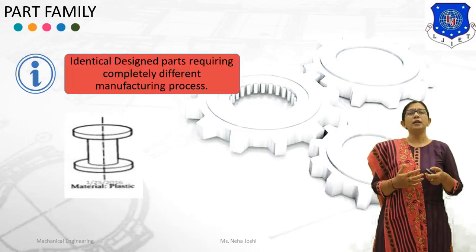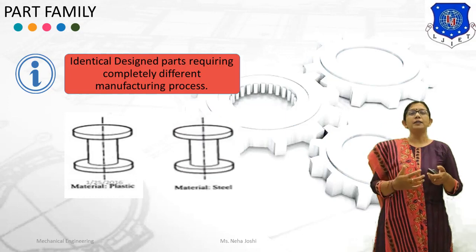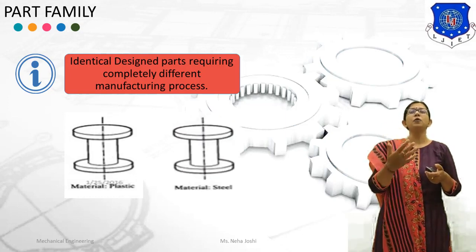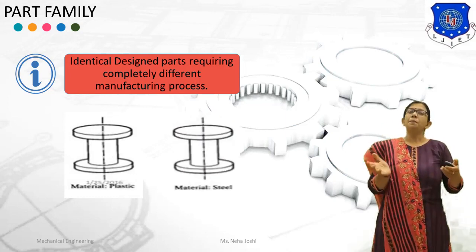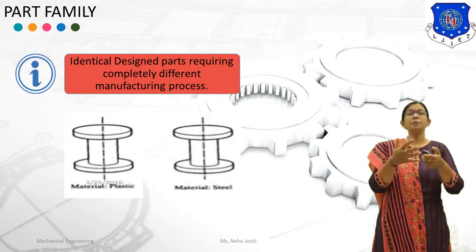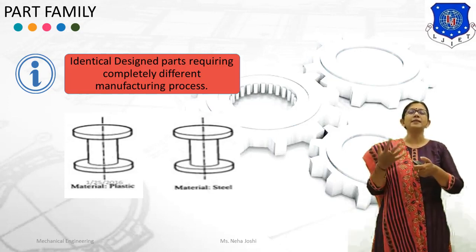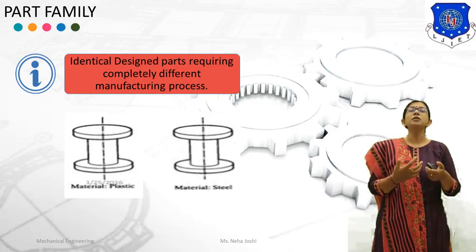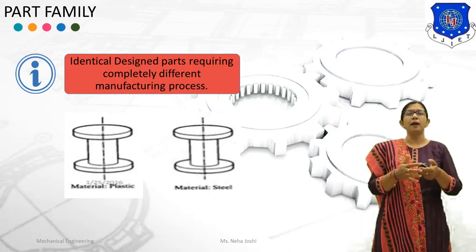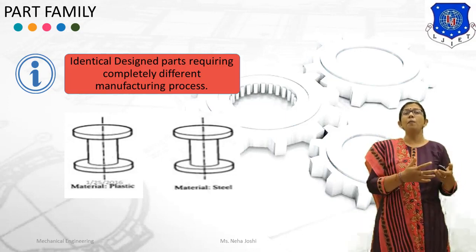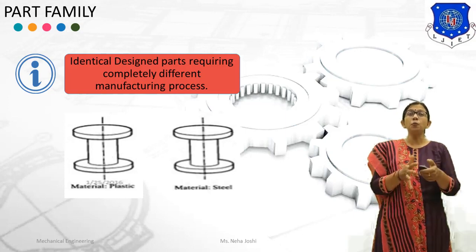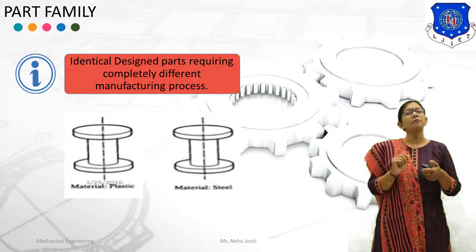Now here you can see identical parts requiring completely different manufacturing processes. The parts look the same, but the material of the two parts is different. So the manufacturing process required for the two parts is different, but based on the design, we can group them into one part family.